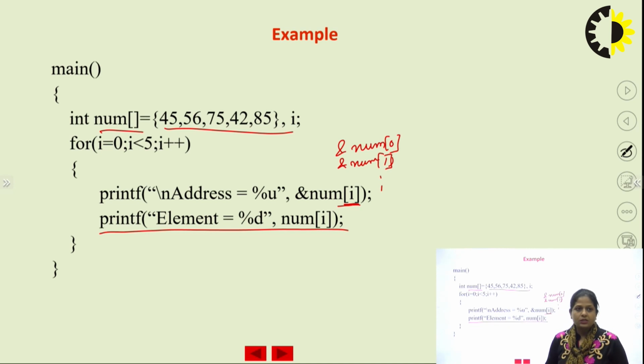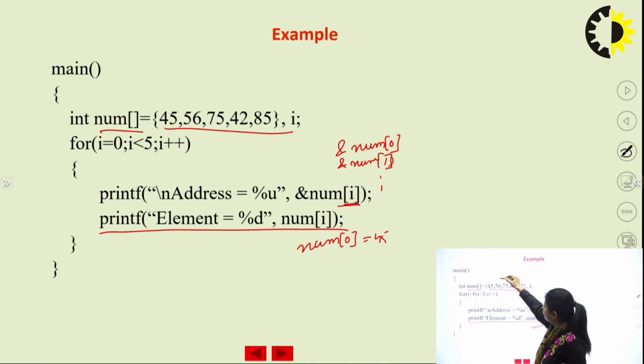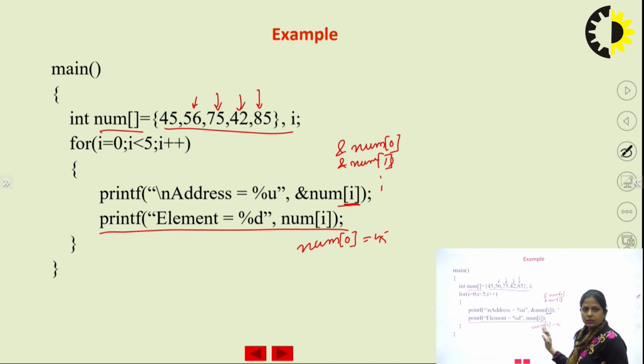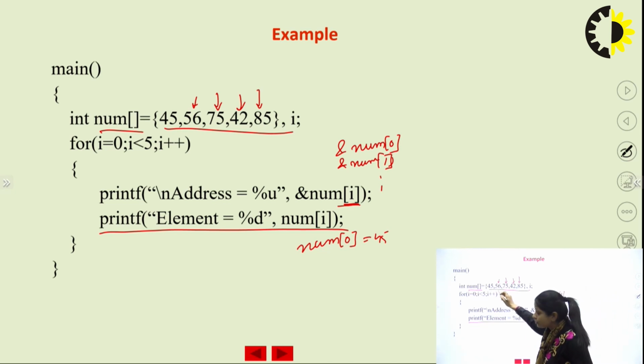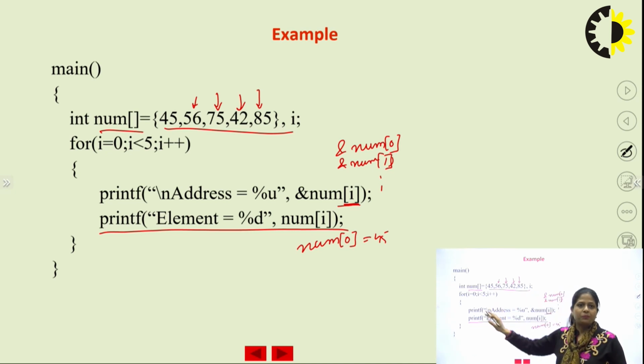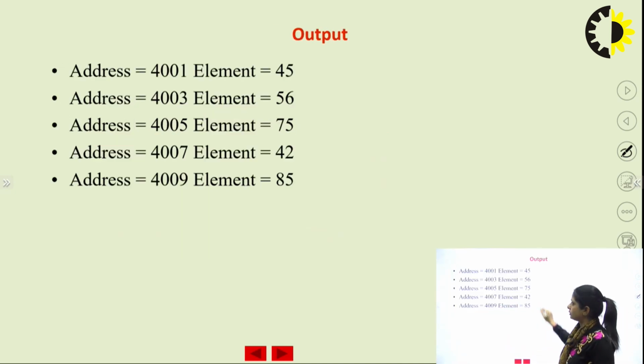In the second printf statement, we are trying to display the array elements. How can we access them? With the array indices. So, I have simply written num[i], that means I am asking what is the value of num[0]. It is 45, then num[1] is 56, 675, 42 and so on. In this example, we are simply displaying the address of these variables plus the values of the elements.